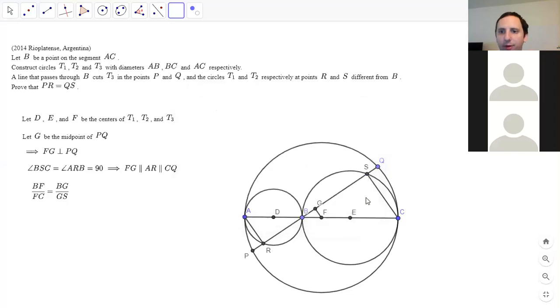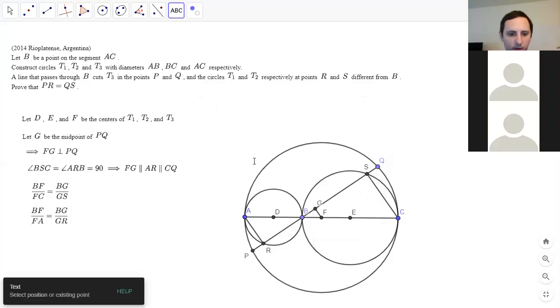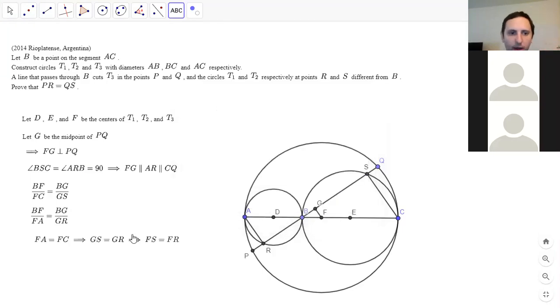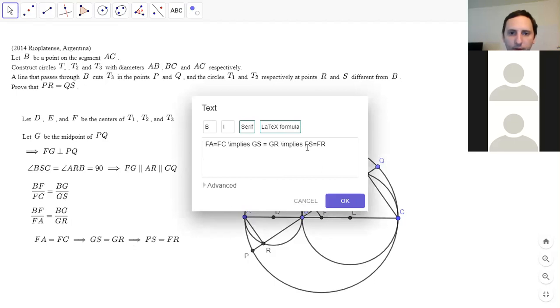Oh, there's a way just to use congruence. And then, since FA equals FC, then we know that GS equals GR. And that means that FS equals FR. And then, once we know GS is GR, then PR equals QS.